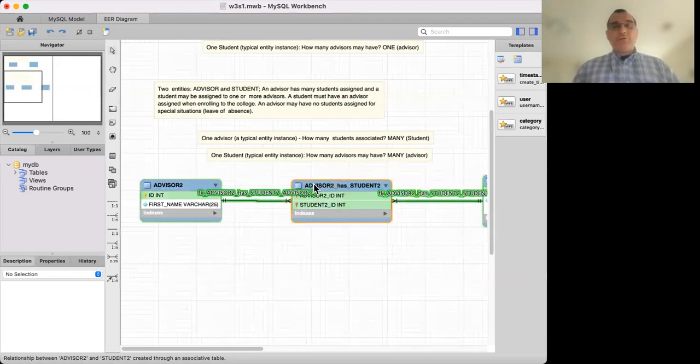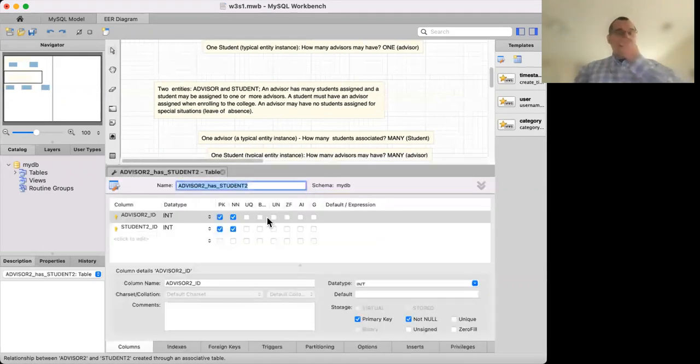Diagram. So first of all, let's look at this bridge. It has a very bad name, so what we like to do first is to rename it. There are many ways to do it. One way is to put advisor has student, like the relationship name, and that's okay.